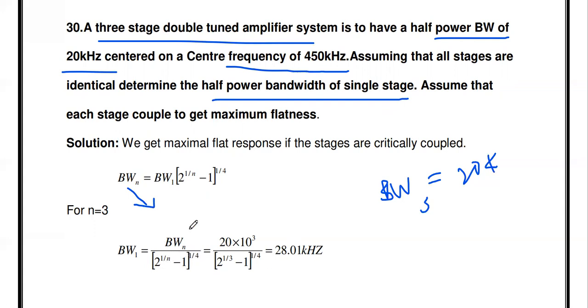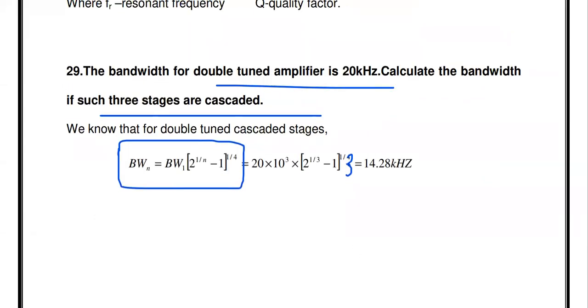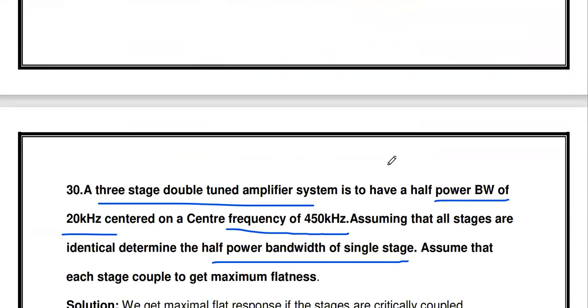Here n equal to 3 stages. So the answer is 28.01 kilohertz. In the previous problem, the number of stages was 3, so 2 to the power 1 by 3 minus 1, and in the formula there is a power 1 by 4. Okay, so this is the answer.